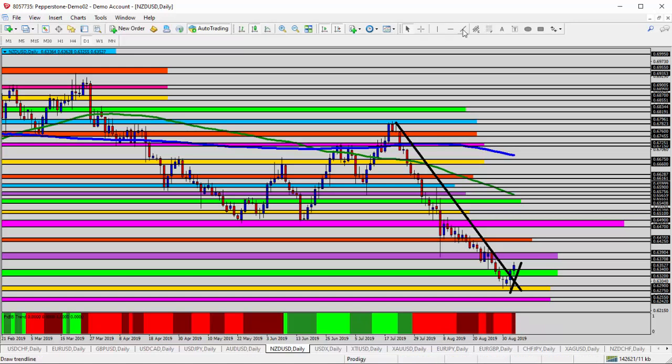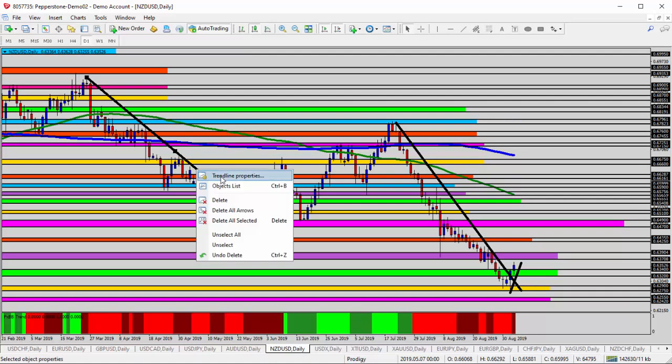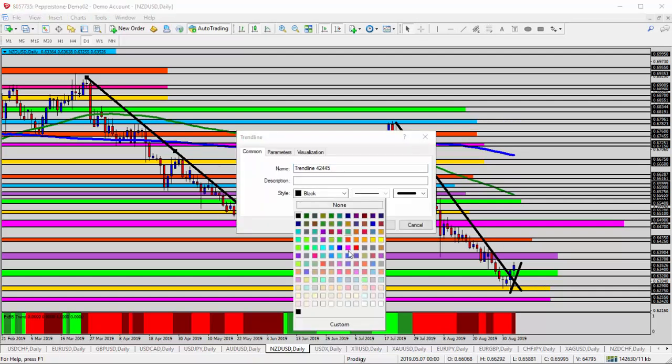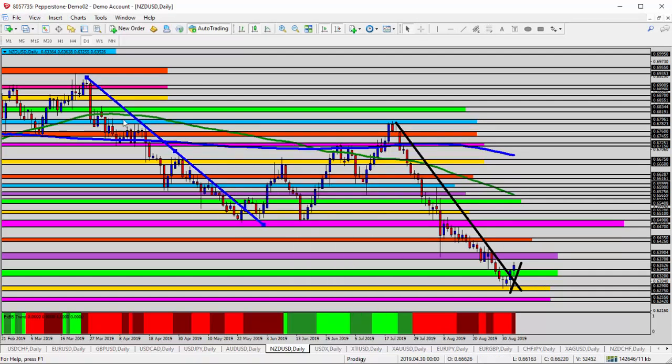I want to point one other area out that I think is interesting, and that's up here. Let me make this one blue so it's different. So the blue trend line, where we see the market was pushing down similarly to the black trend line, and eventually we see right here, this is what I want to look at.